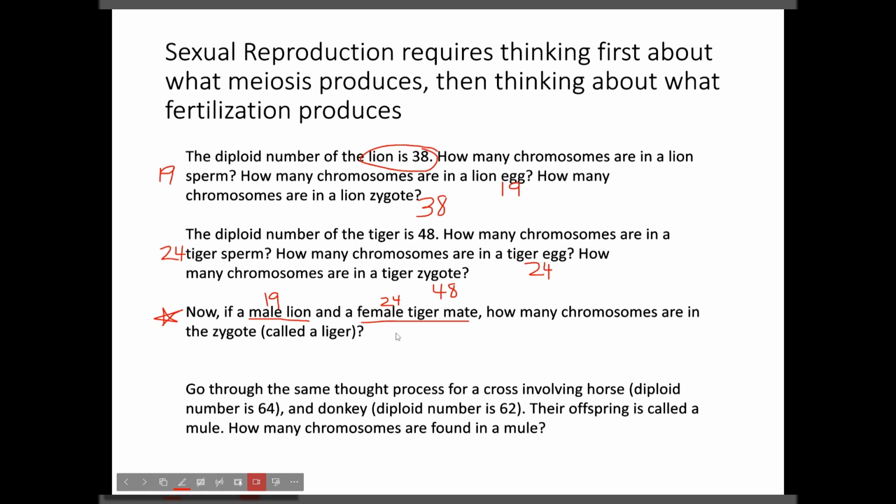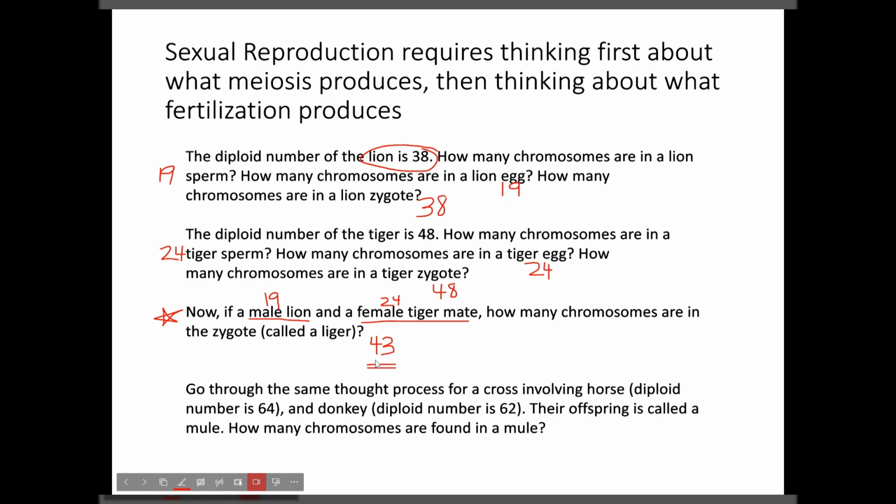How many chromosomes are in the zygote called a liger? That would be 19 plus 24, so it would be 43, which is weird, but that is the answer.